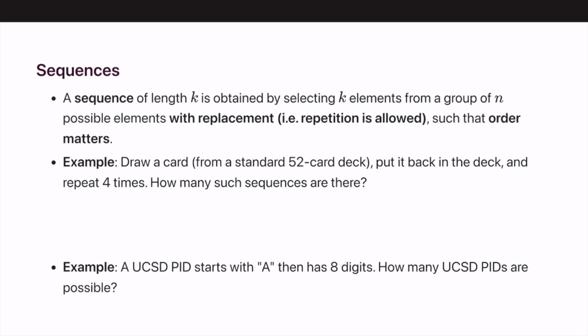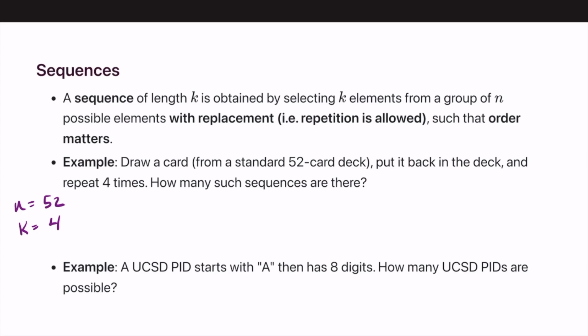Let's go ahead and do this one then. So if we have n equals 52, we'll do purple. And here k equals 4, right? Because we have n possible elements. So a deck of cards has 52 possible cards, or 52 possible elements. And a sequence of length k is obtained by selecting k elements.